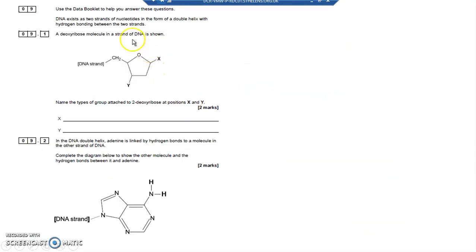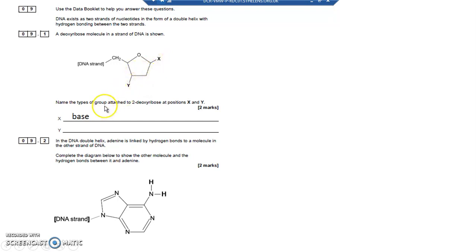So let's see how this works on this question here. What is Y? Well, Y is a phosphate group, coming down here from the 2-deoxyribose. X is a base.